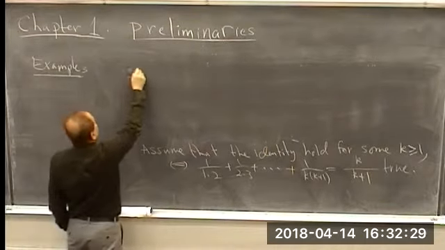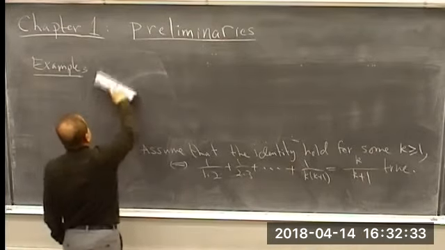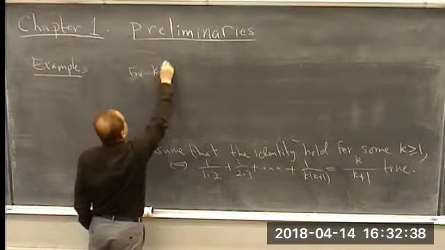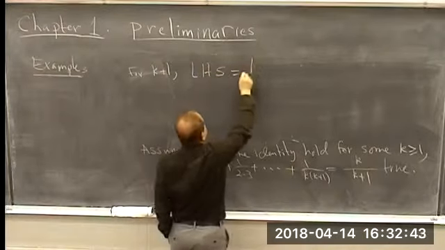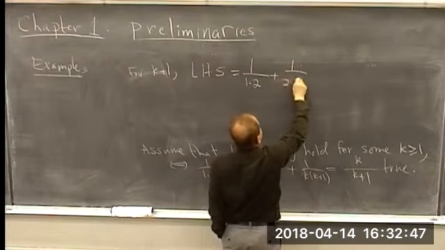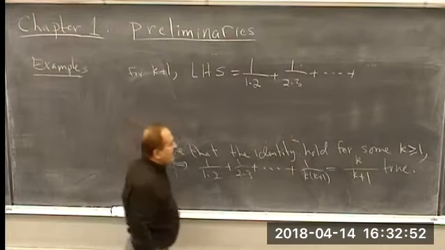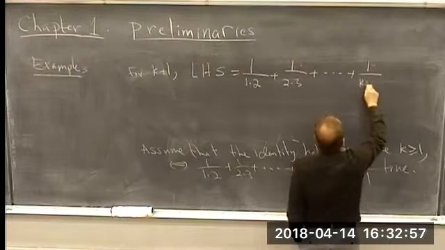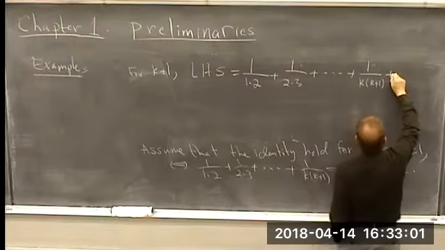So for k plus 1, the left-hand side becomes this. We're going to have all the terms in here for k, and we have the extra term that we add.